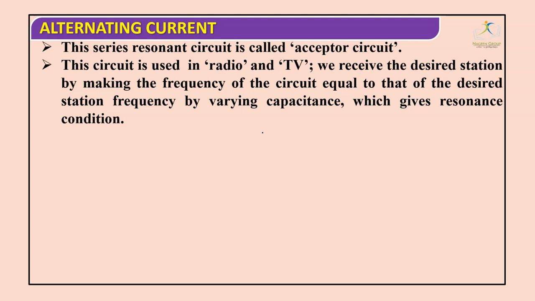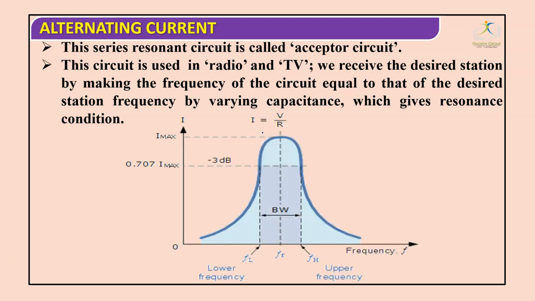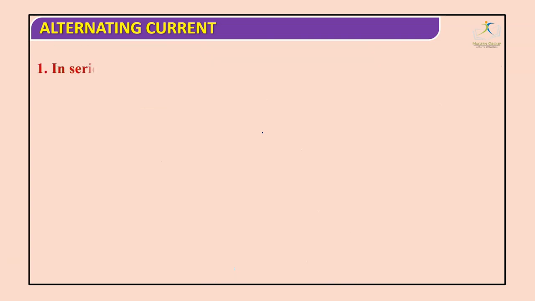So if you put in 101.9, this is a particular point by which you can connect with that signal or station. Understood? So that is the range of frequency which gives the resonance condition, which is this. BW is showing the bandwidth. At this particular peak, I will be maximum, and that is the condition for resonance.